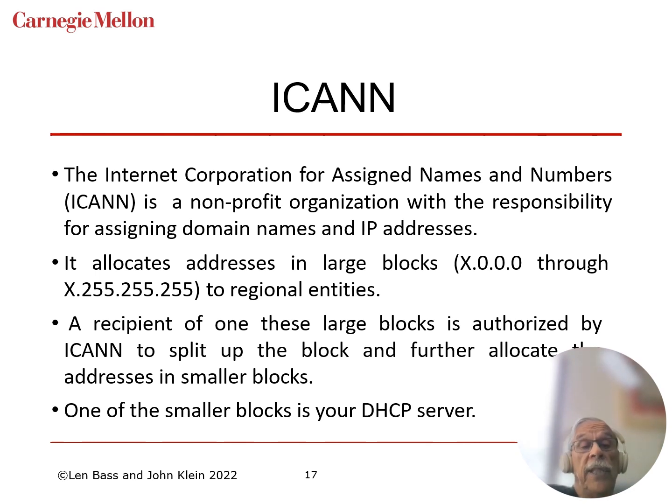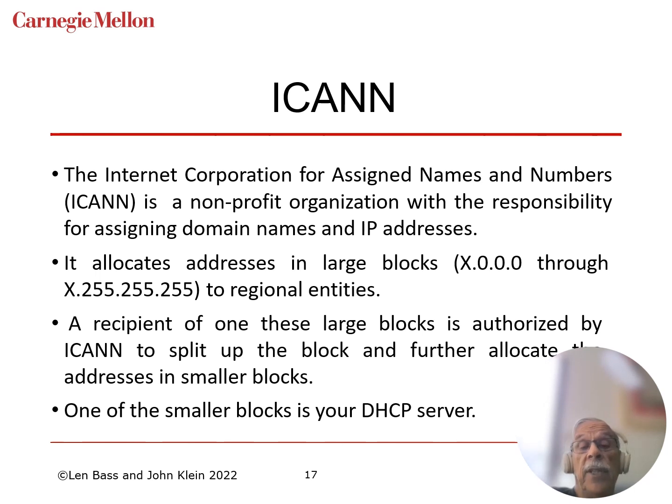So where does this collection of IP addresses come from? It comes ultimately from an organization called ICANN, the Internet Corporation for Assigned Names and Numbers. It's a nonprofit organization and it has a responsibility for assigning domain names, assigned names, and IP addresses. Those are the numbers.